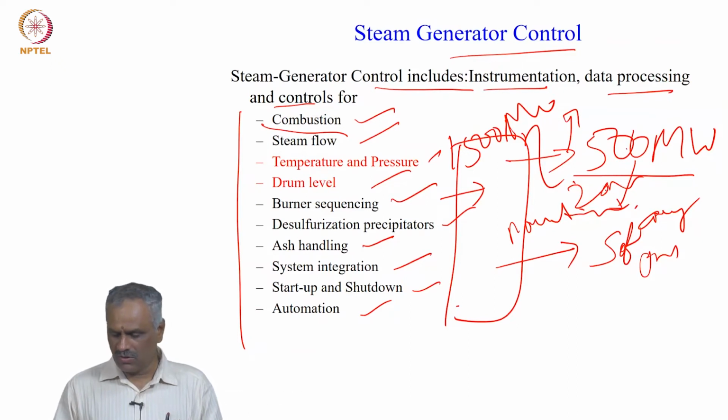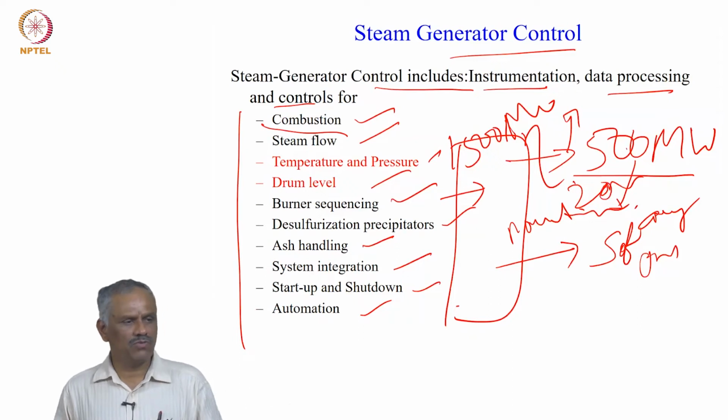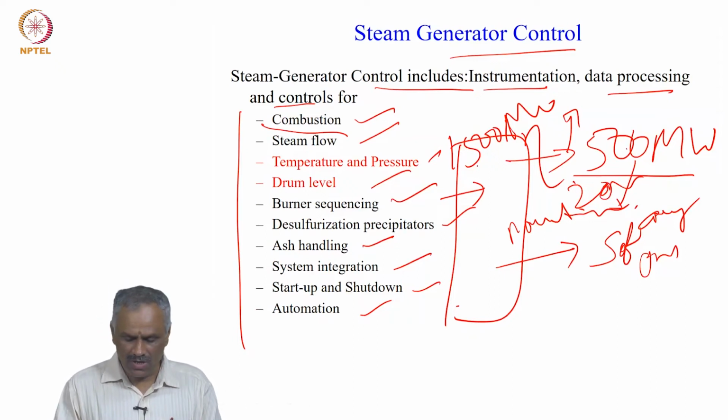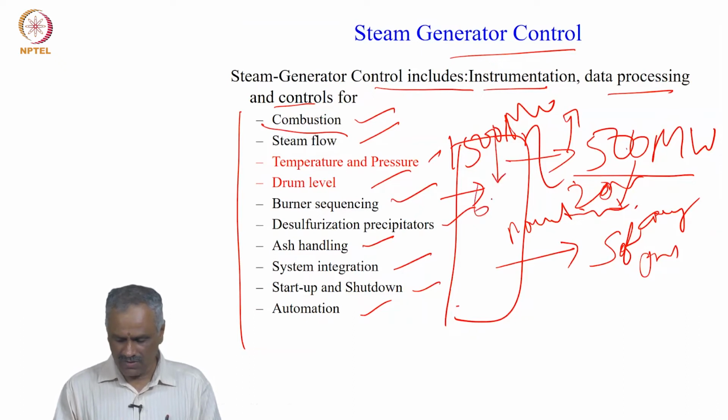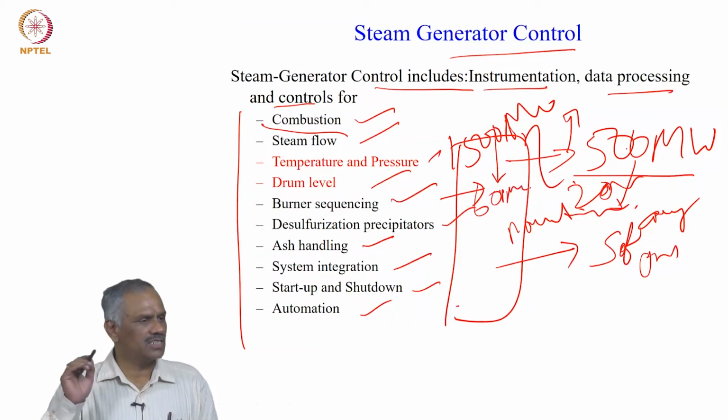You have about 4%, you are operating at 4%, but 4% of this is about 60 megawatts. So you cannot operate the boiler at 60 megawatts.